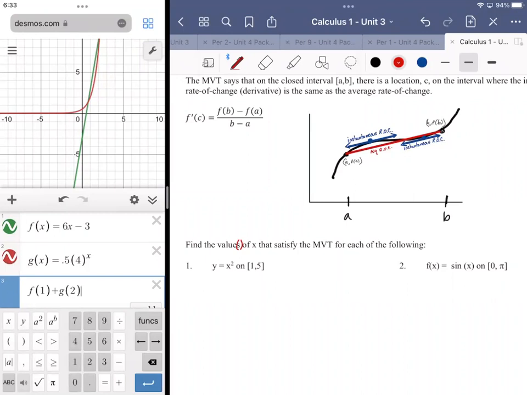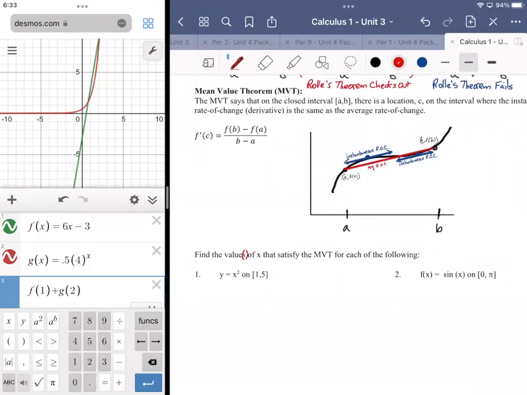So anyway, what we would do, again, over this closed interval is determine the average rate of change. We have an A value, we have a B value. The average rate of change would be determined by y equals f of x. This is a function of x squared, a quadratic function, so we're good to go there.